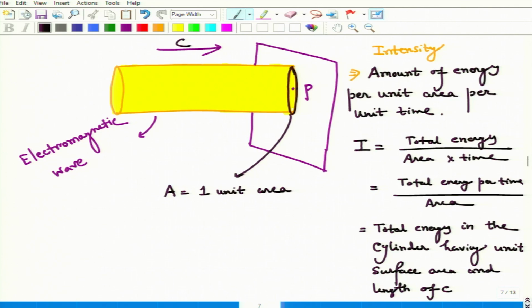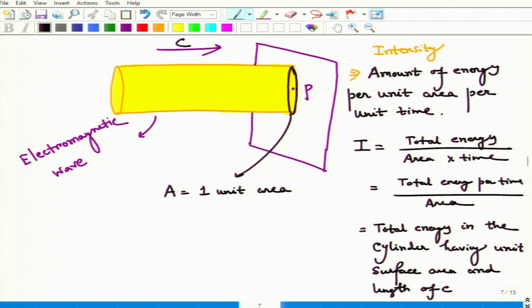Let me state it: the intensity of radiation of that imaginary cylinder at point P is equal to the energy incident per second, that is the energy stored in the volume.